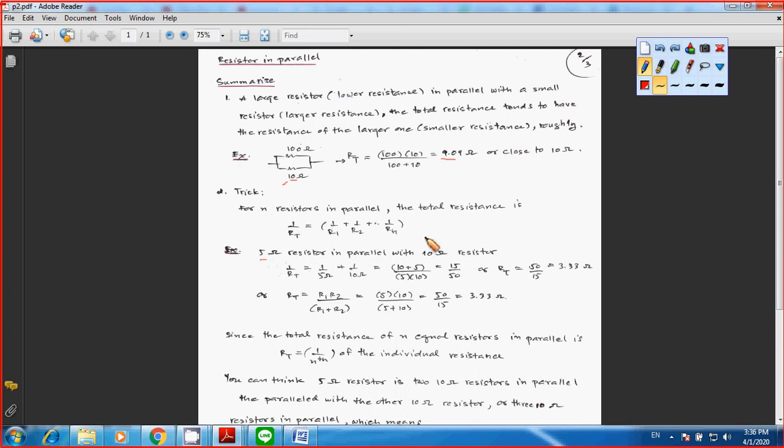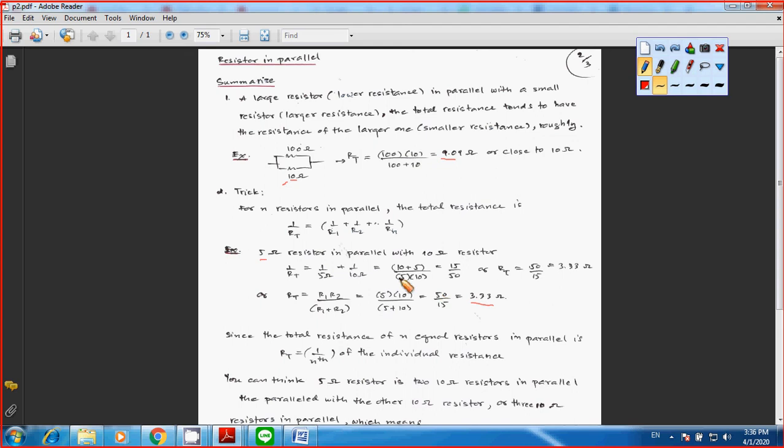So when you connect it to the 10 ohm resistor, you end up with 3 of the 10 ohm resistors connected in parallel. In that case, you can apply R total equal to the resistance of one resistor divided by the number of resistors. In this case, it's 3, right? So you're going to end up with total resistance being 10 ohms divided by 3, or 3.33 ohms.